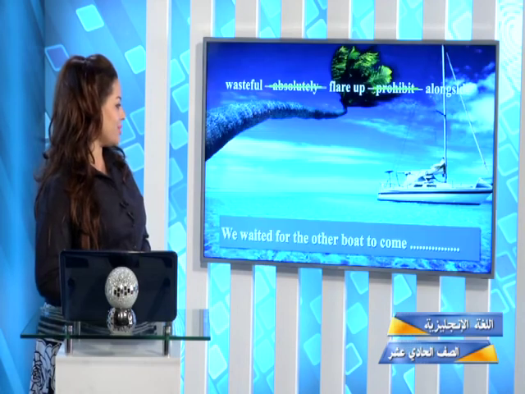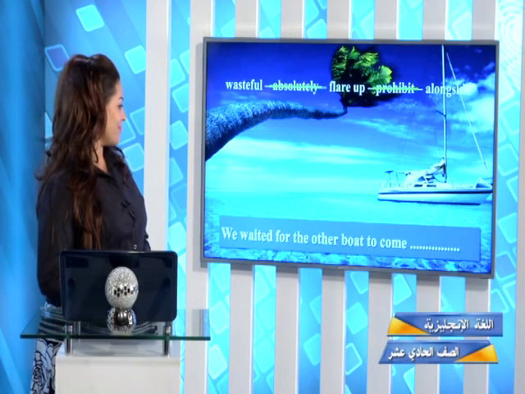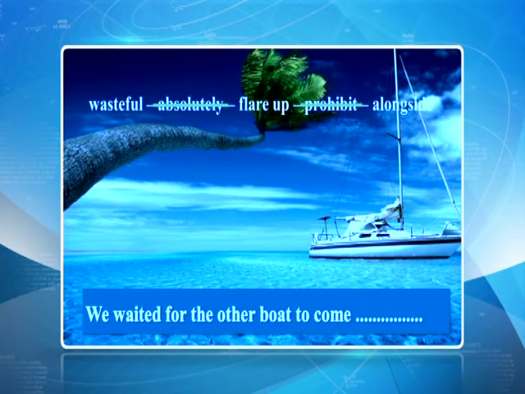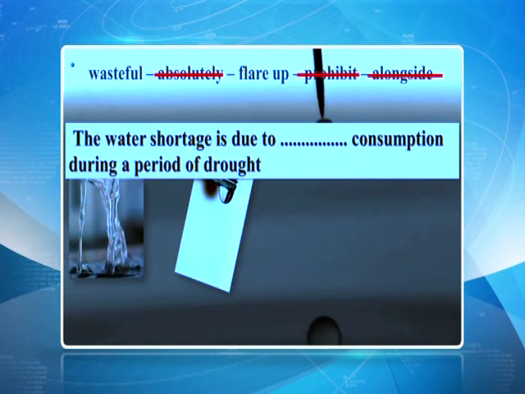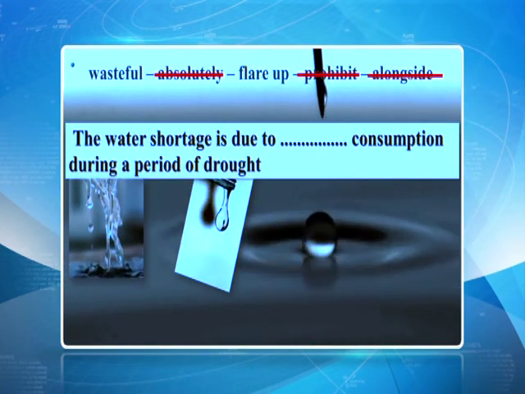And now let's read the third sentence. We waited for the other boat to come. To come where? Wasteful, flare up, or alongside? Yes, it is alongside. Very good. Let's read the sentence.